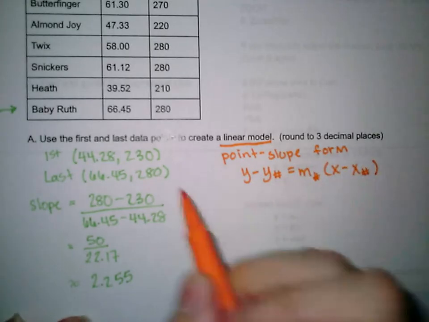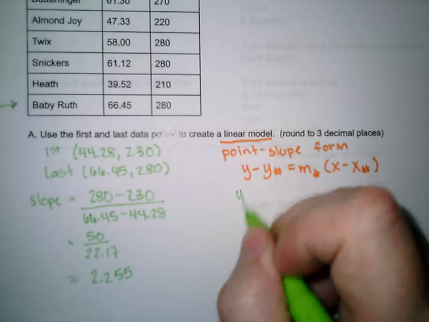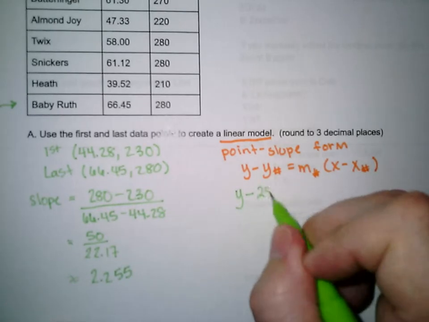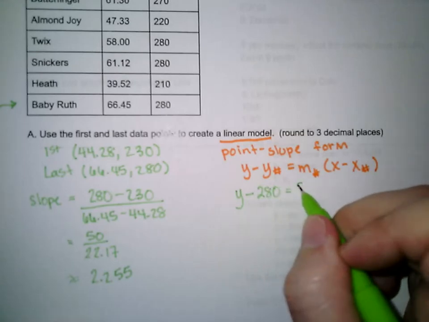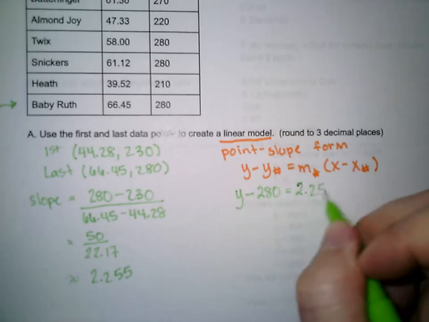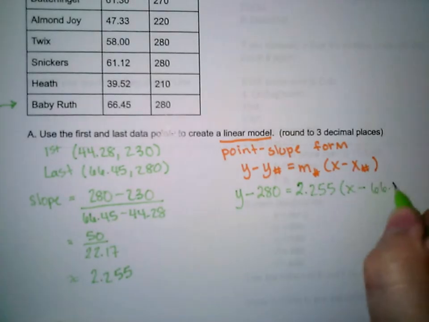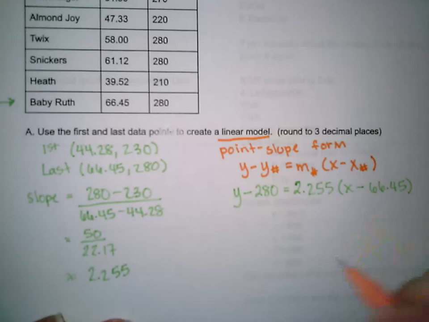And when we do that, we can use either of our ordered pairs. We just pick one of them. I'll just use the second one: y minus 80 equals our slope, 2.255, times x minus 66.45. So make sure that your x's and y's are getting in the same place, and you're using the same ordered pair for the x and the y coordinate.